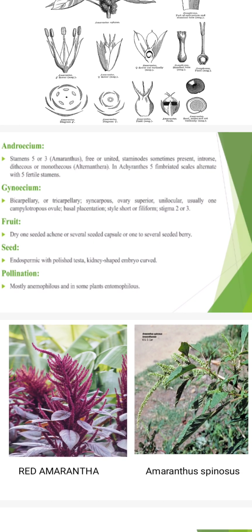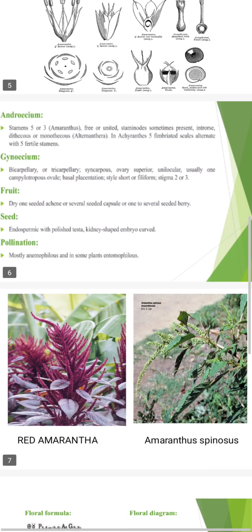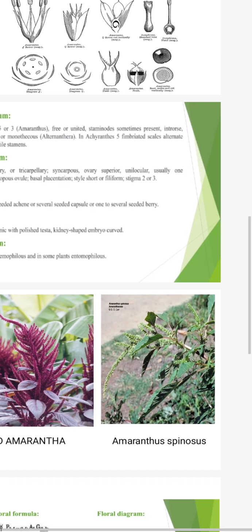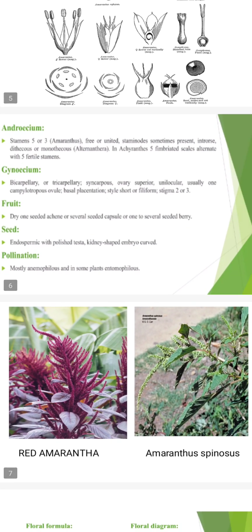Then pollination, mostly anemophilous and in some plants entomophilous. Actually the plants are very attractive. You can see in this slide red amaranth, Amaranthus spinosus. So again the plant we call Rajgira. They have a very attractive pinkish red color.